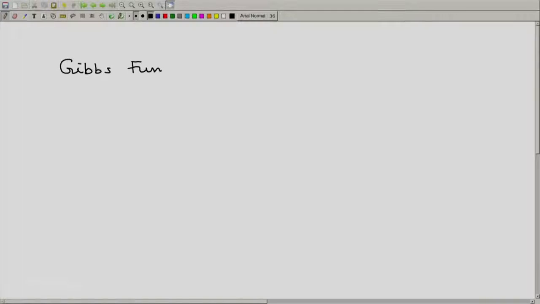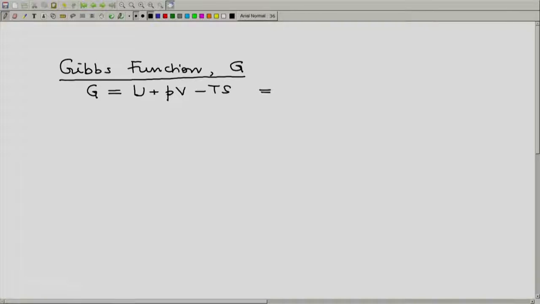Now let us move to the Gibbs function. The definition of the Gibbs function is U plus PV minus TS, which is also H minus TS. Let us look at the first direct definition.